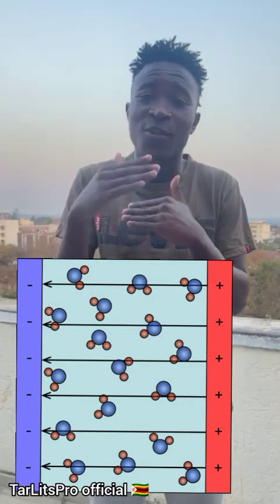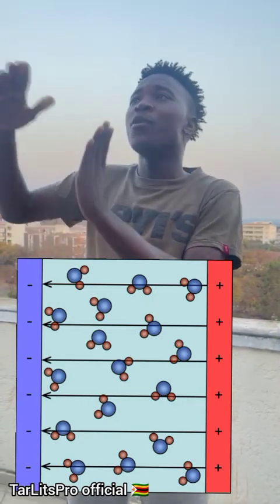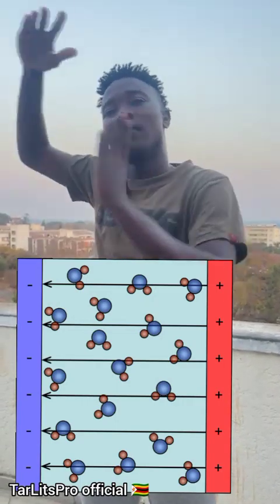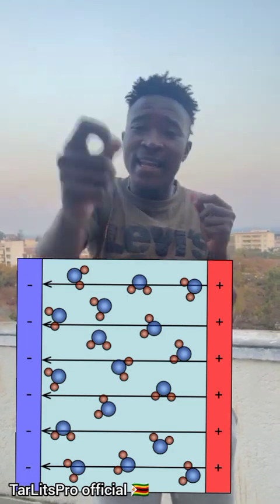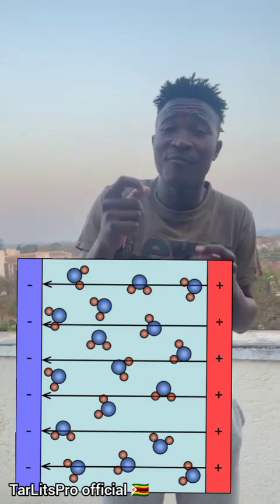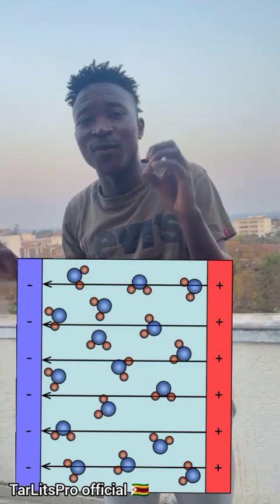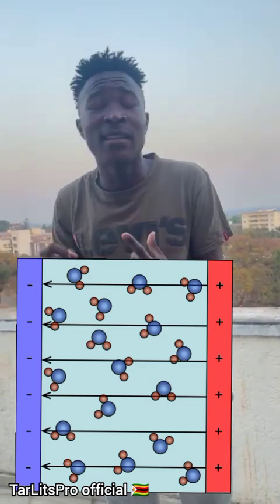So what happens is that the negative part of the water molecule, which is the oxygen atom, is attracted to the positive part of the electromagnetic wave, and then the positive part of the water, which are the hydrogen atoms, are attracted to the negative part of the electromagnetic wave.